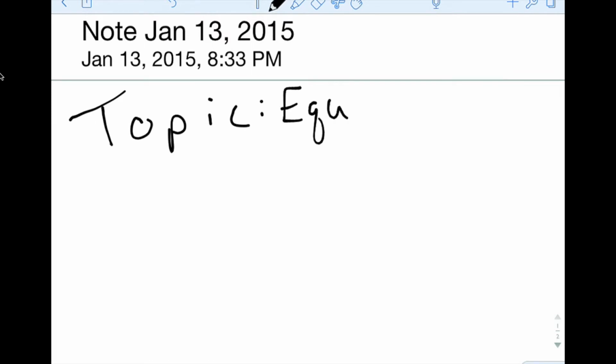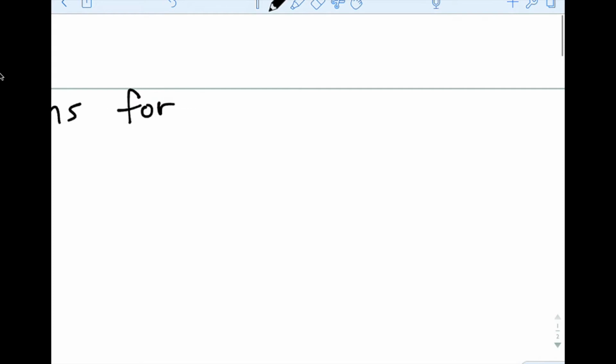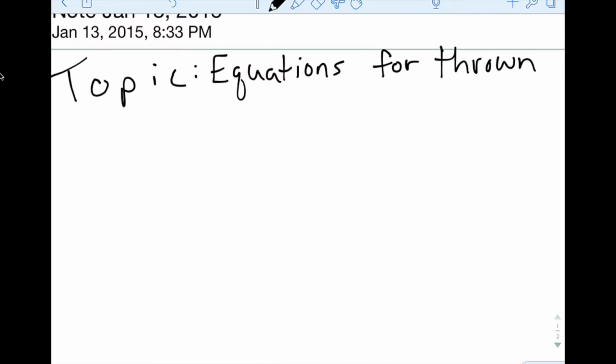We're going to call this equations for thrown objects.